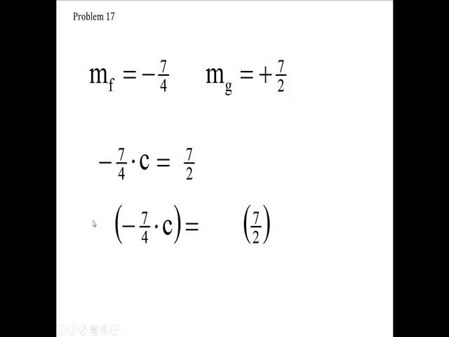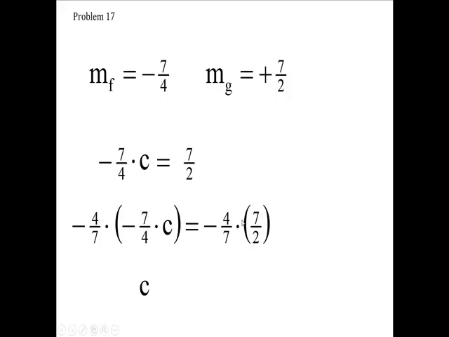So I want to have another negative, and I want to have the reciprocal of this. The reciprocal of that is 4/7, and a negative times a negative is a positive. The 7's cancel and the 4's cancel. Okay, so if I multiply by a negative 4/7 on both sides, the 7's cancel, the 4's cancel, the negatives cancel, you end up with c here.